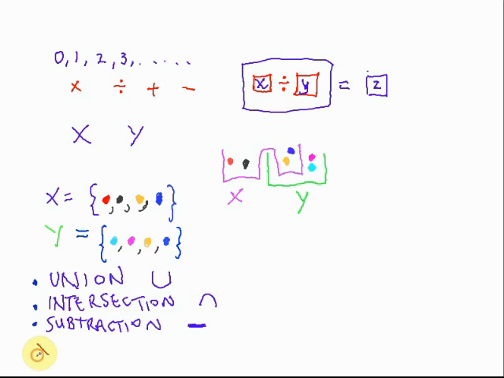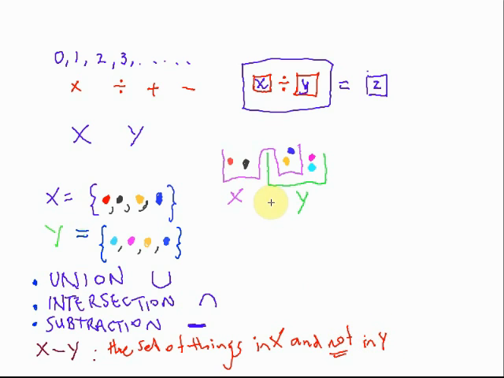Well, the subtraction of Y from X is again a set, and it is the set of things which are in X but not in Y. So again, let's just illustrate the operation of subtraction by reference to this diagram.